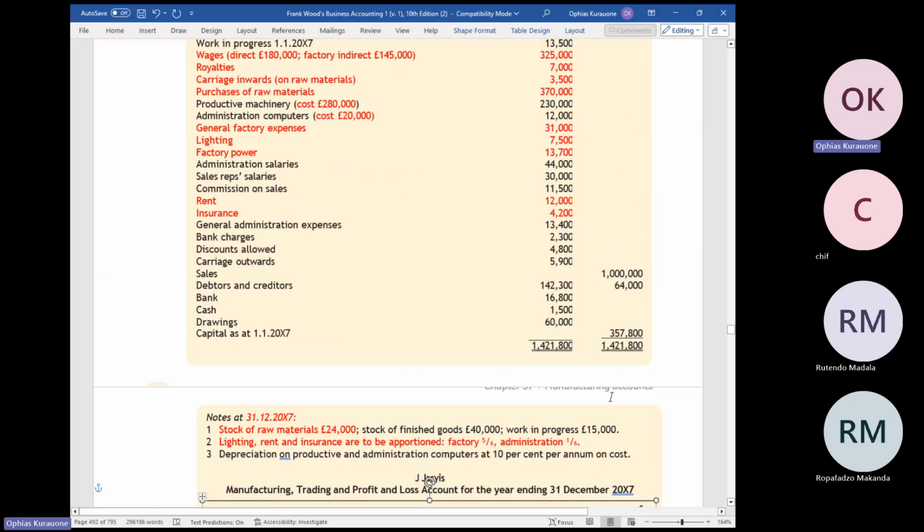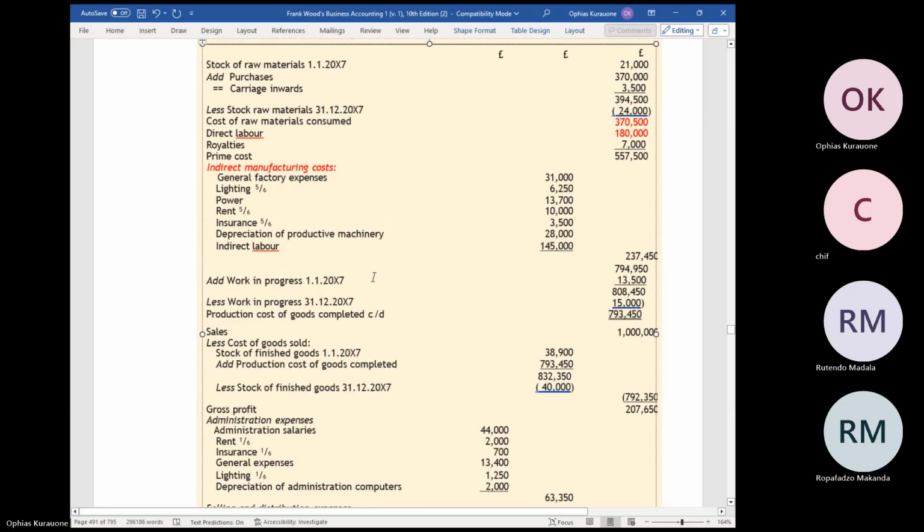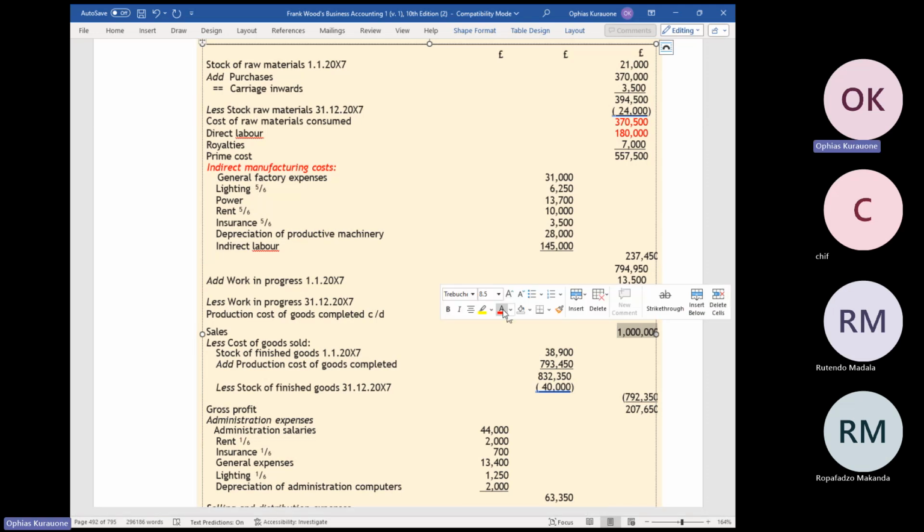We are given sales here, the sales of 1,000. So you pick 1,000 here. That is my sales.